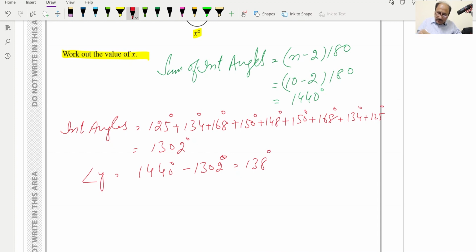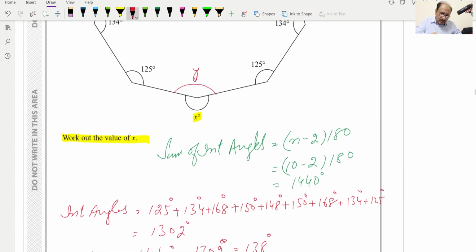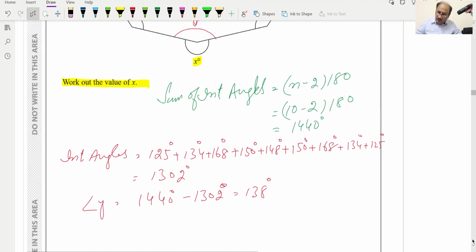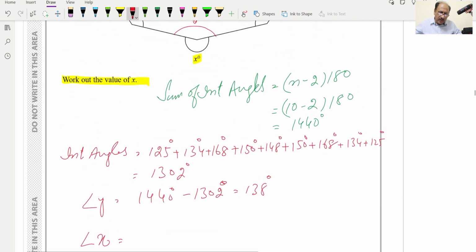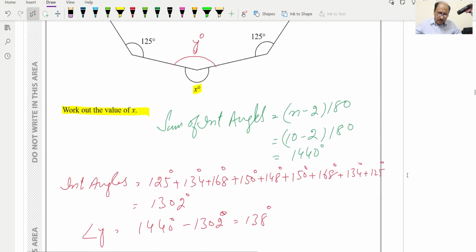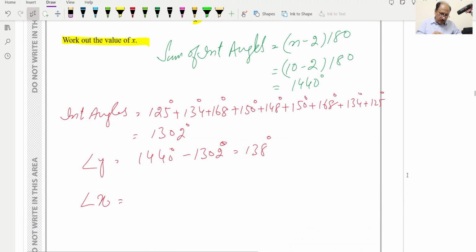So 138 degrees we got for this angle, and we can now find x. X will be equal to 360 minus 138.